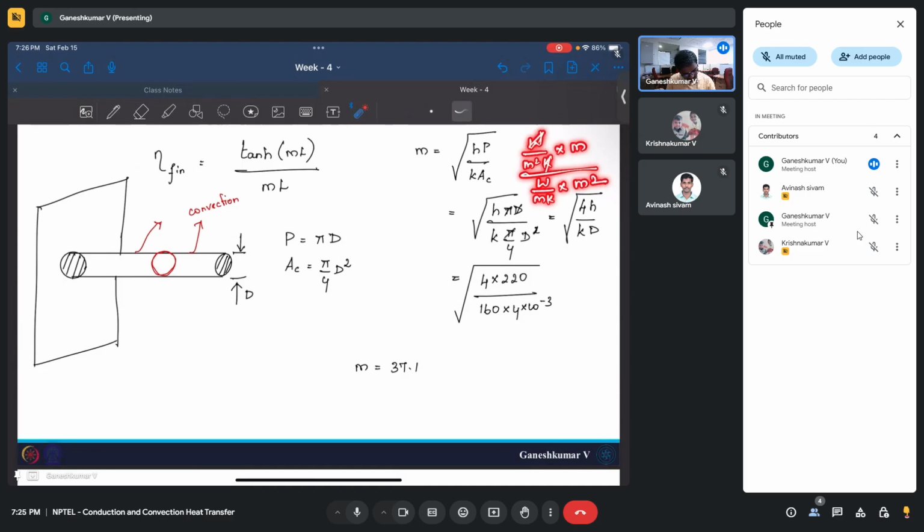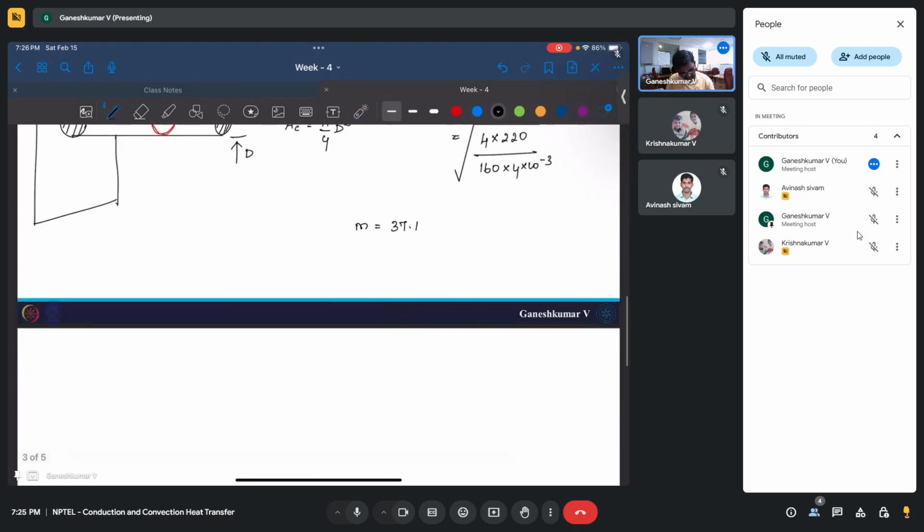So watt, Kelvin, these things go away, meter goes away, and this also goes away. What is remaining? You have 1 by meter squared, and square root is 1 by meter, so it will be meter inverse. Okay, this is m.